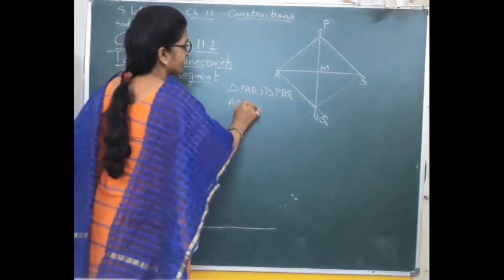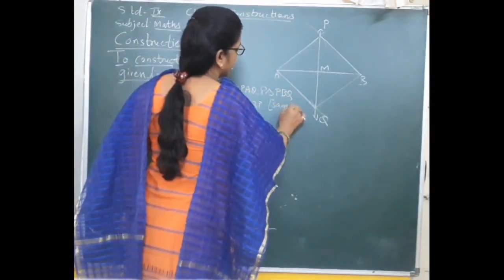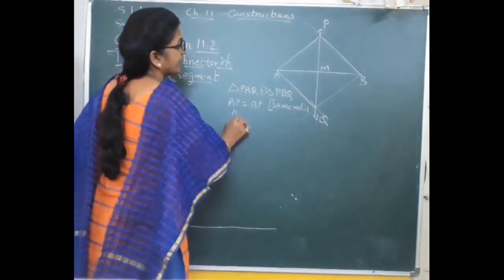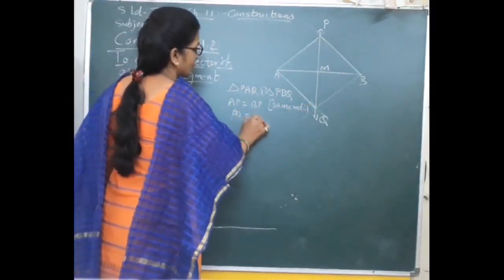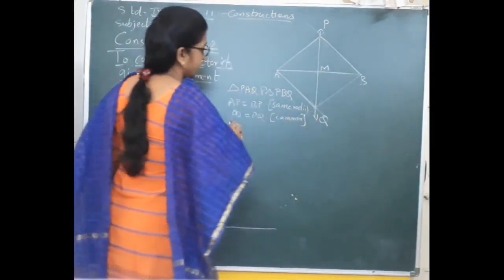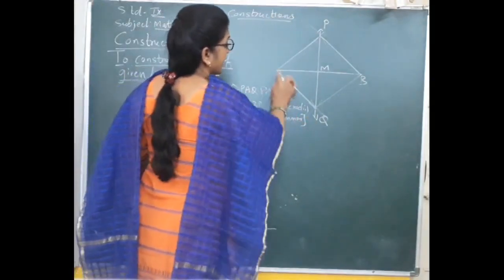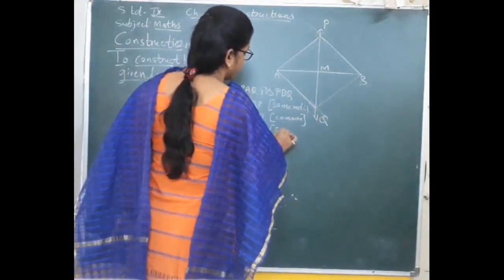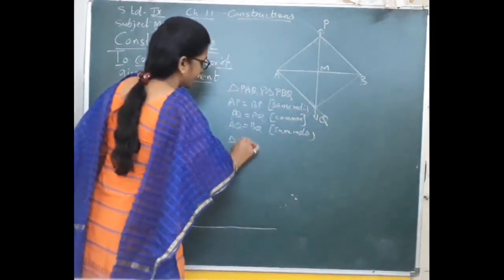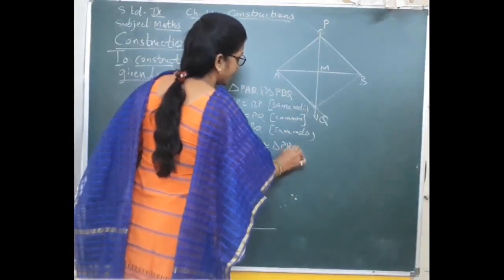AP is equal to BP, same radius arcs. Next, PQ is equal to PQ, common. Third, AQ is equal to BQ, again same radius arcs. Therefore, triangle PAQ is congruent to triangle PBQ.